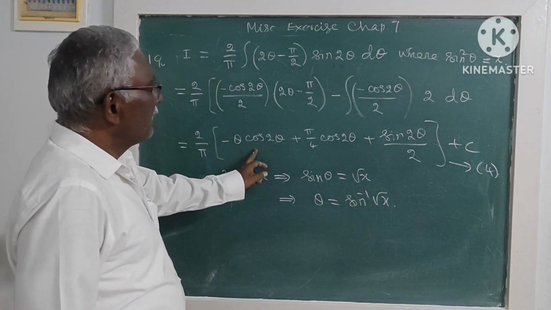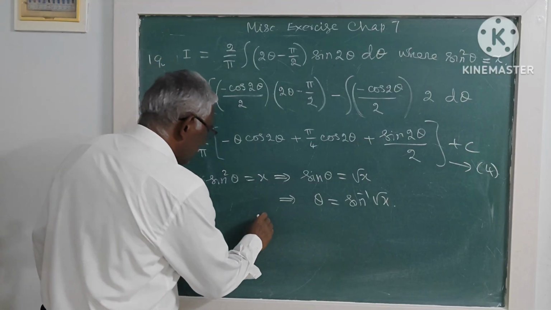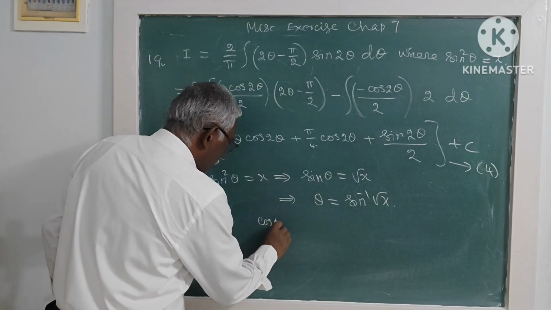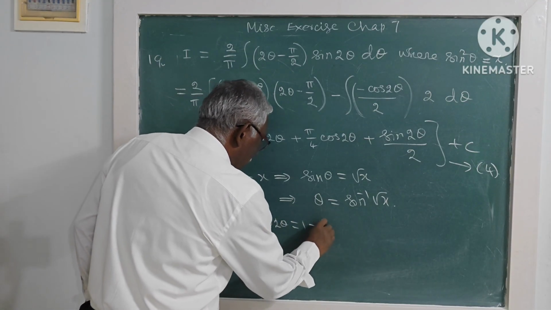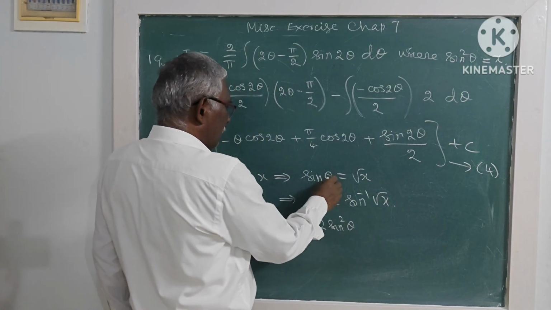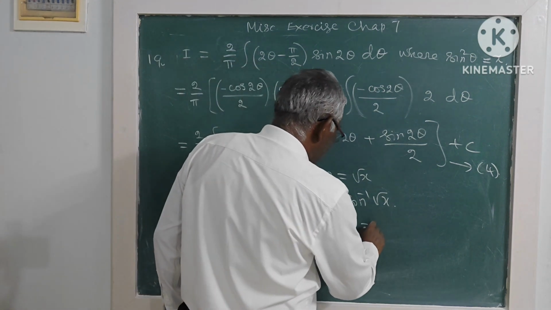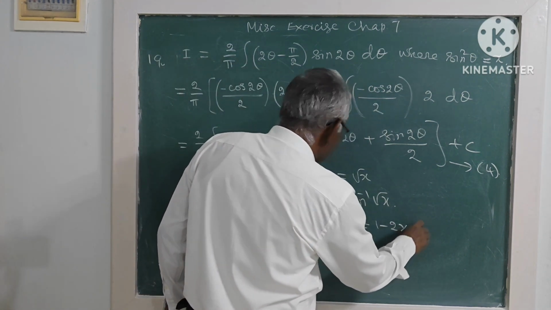And cos 2 theta we can express in terms of sin theta. Cos 2 theta is 1 minus 2 sin square theta. Sin square theta is x, so this is nothing but 1 minus 2x.